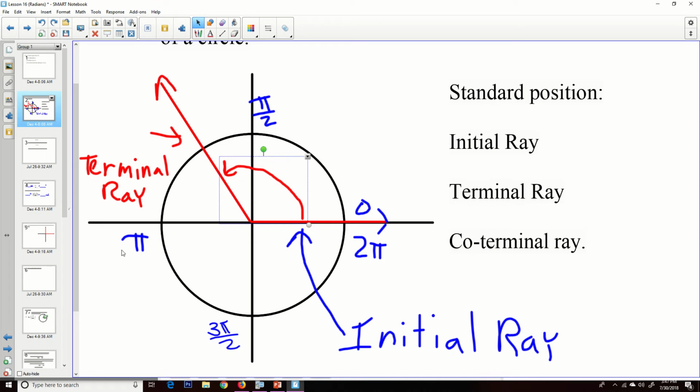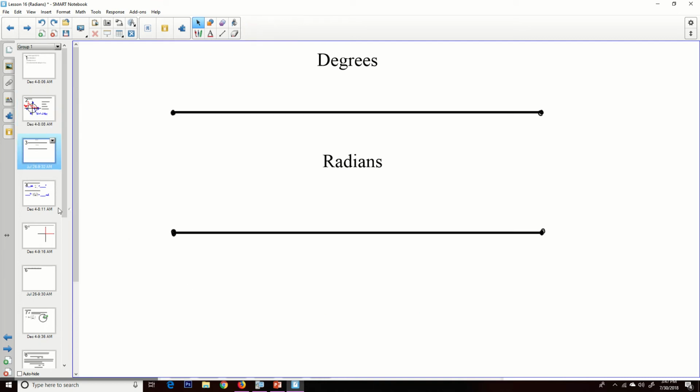Now, I know so far you're probably real confused because we've got these curves. Let's talk about it in terms of lines, like a number line. You are used to, up until this point, having 0 degrees being the smallest angle, and all the way around the circle being 360 degrees.